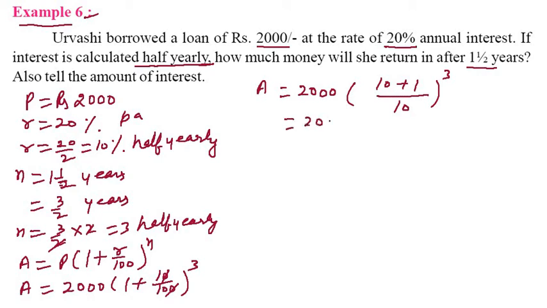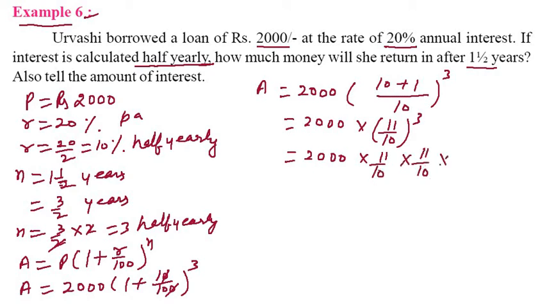So you have to write 2000 into 11 upon 10 and whole power is 3. So that will be 2000 into 11 upon 10 into 11 upon 10 into 11 upon 10. It is 3 times. So this will be cancelled with this one. So we get 2 into 11 into 11 into 11. So you can multiply this.